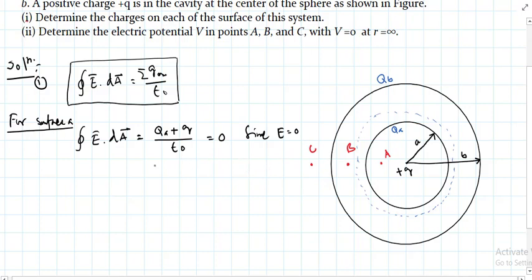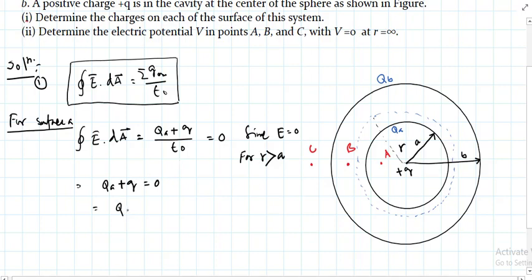This is also for r greater than a, because I'm choosing my Gaussian surface radius as small r. Then we can say that Qa plus q equals 0, because epsilon naught cannot be 0.